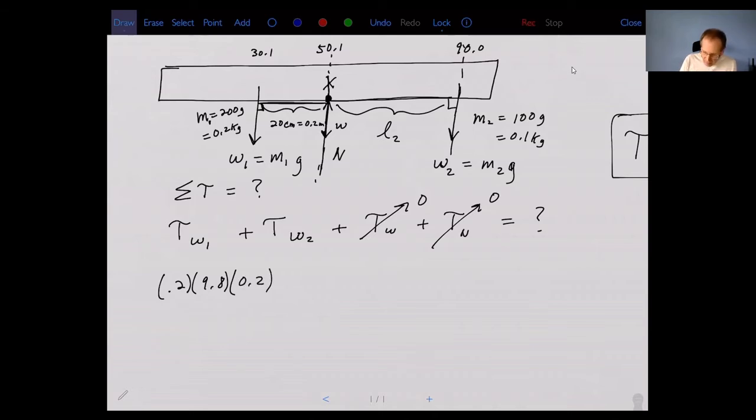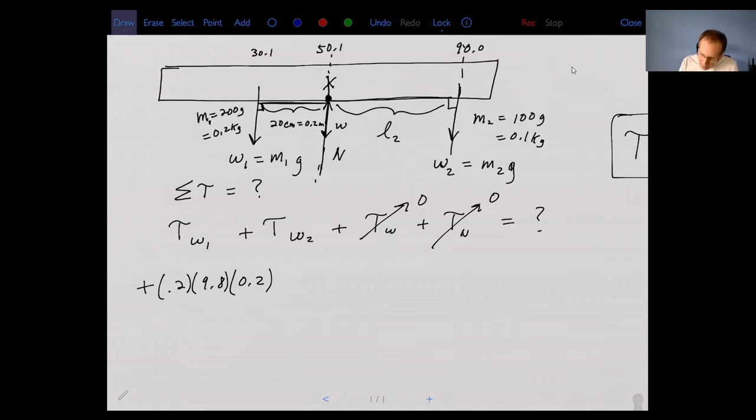So that's my F, the weight, times L. Then the only other thing I have to figure out is whether it's positive or negative. Imagine that W1 is the only force acting. How would it rotate the meter stick about the point of rotation? Clockwise or counterclockwise? If you imagine pulling down on W1, the meter stick is going to rotate counterclockwise. So by definition, this is going to be a positive torque.